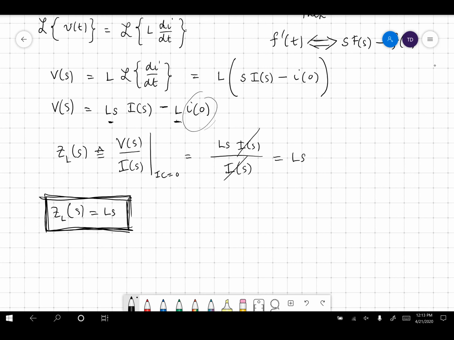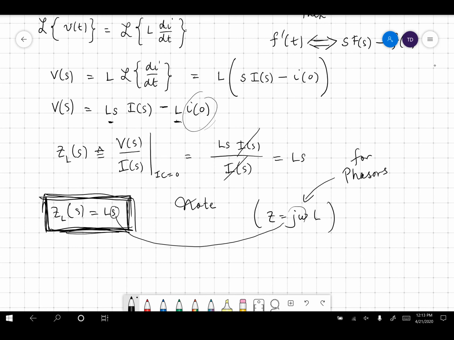I want you to note the impedance for the frequency domain when we were using phasors before. Z was equal to j omega L. That's what we had before. This was for phasors. Over here, this is for anything. And notice, in the world of phasors, S is replaced by j omega.